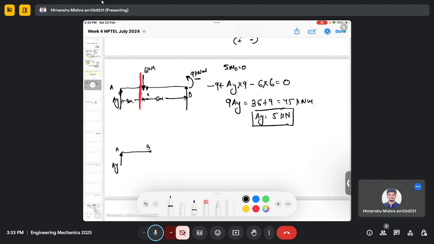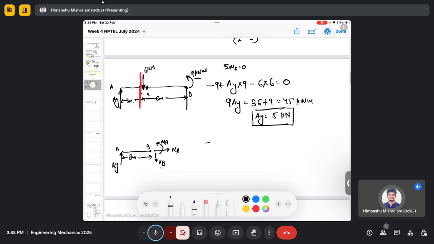This is at B, which is 3 meter from A. Let me define here the forces. So this is NB, VB, MB. Right, so our objective is to calculate these forces.